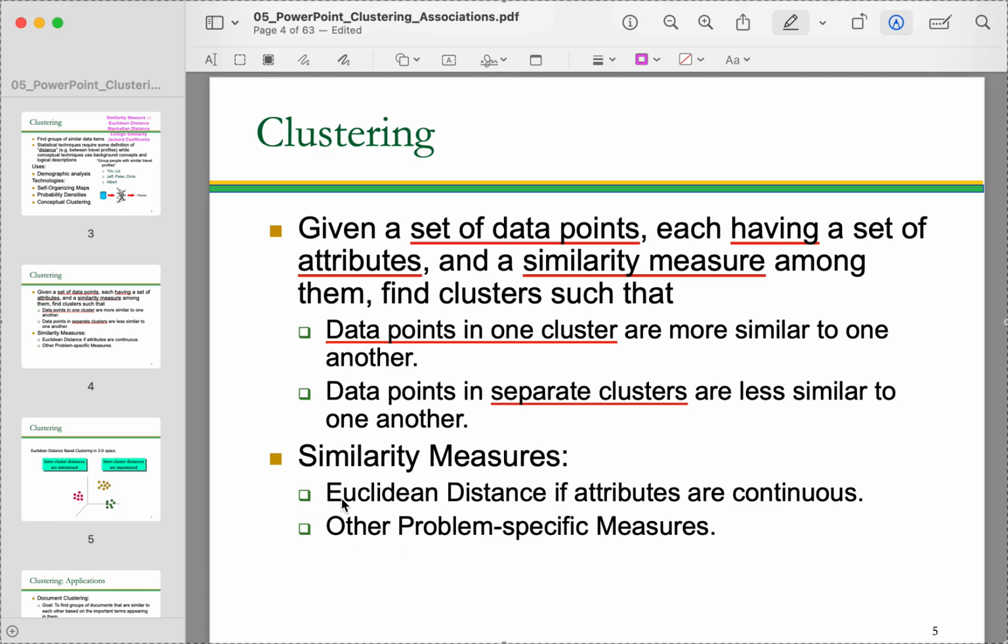Okay, Euclidean distance, this is the intuitive everyday distance that we would measure by taking a ruler and measuring, let's say, 5 inches or 12 inches or 3 feet or 10 feet or 25 miles between the cities. This is the everyday distance that we use.